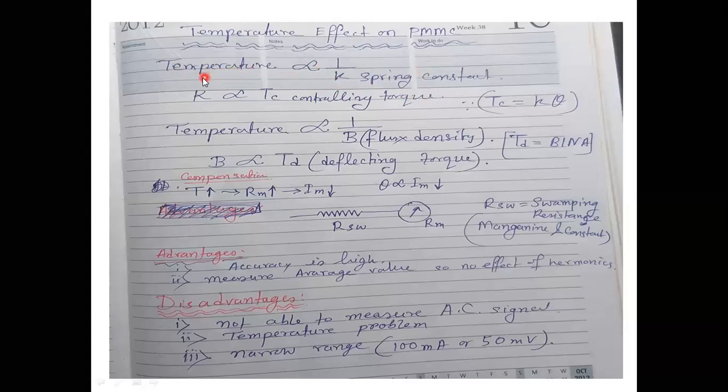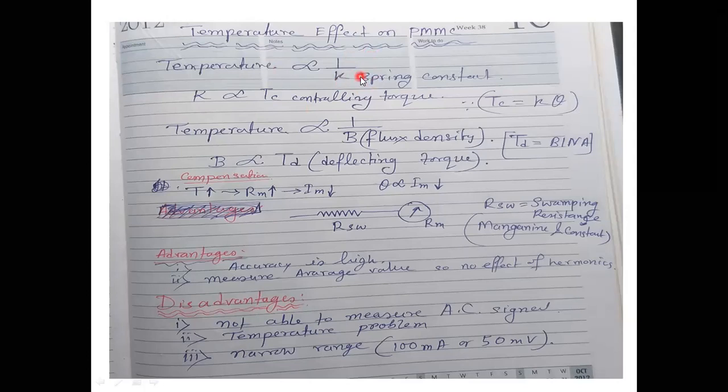If temperature changes, then the spring constant, or the spring stiffness, also changes in an inverse way. If temperature rises, then the spring constant goes down. If temperature decreases, then the spring constant will increase.